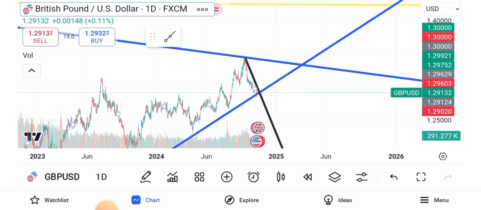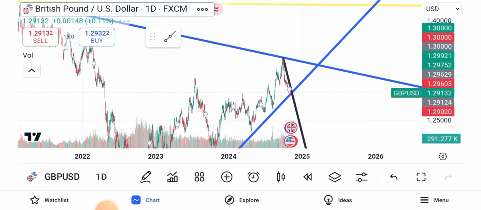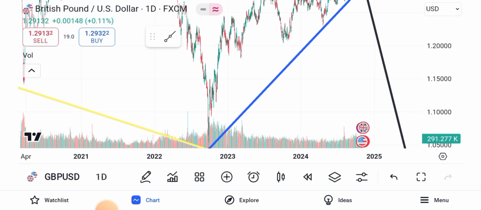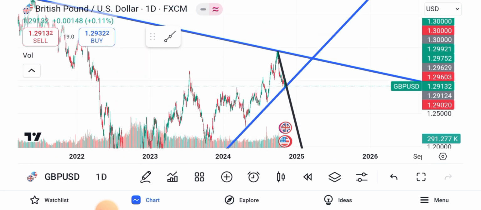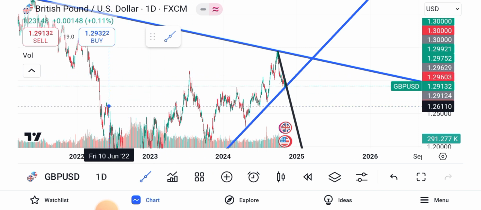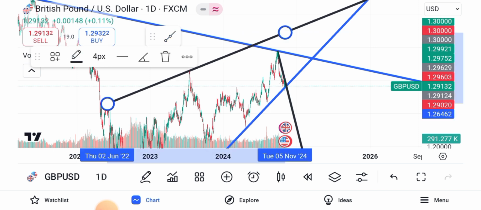We can actually draw another trend line here to show our small uptrend going up right here. Maybe from here to here.